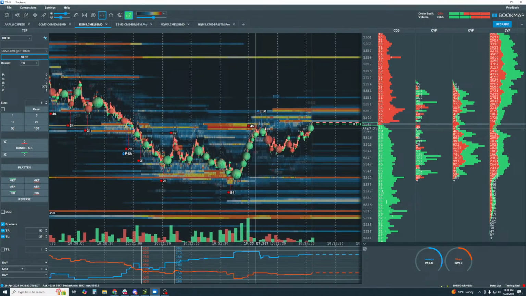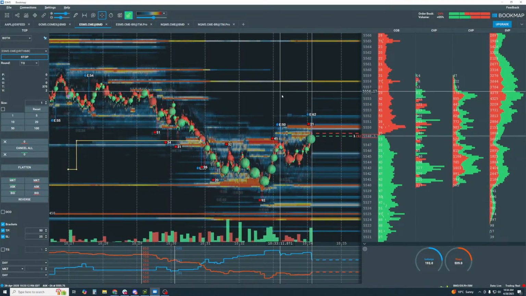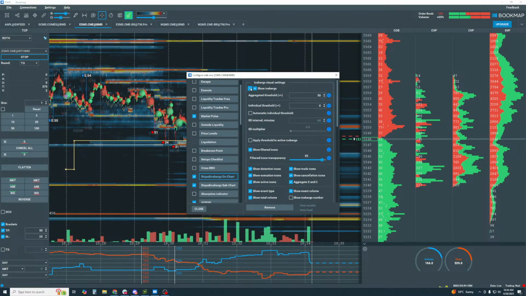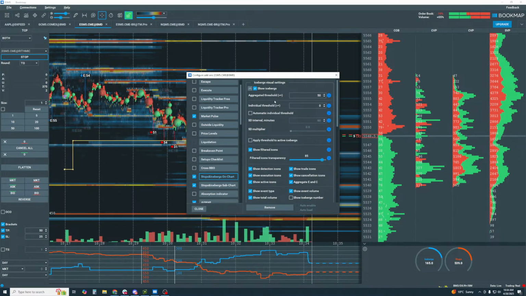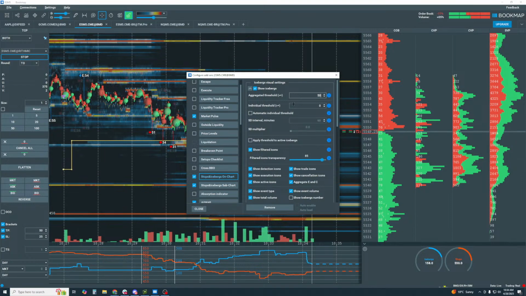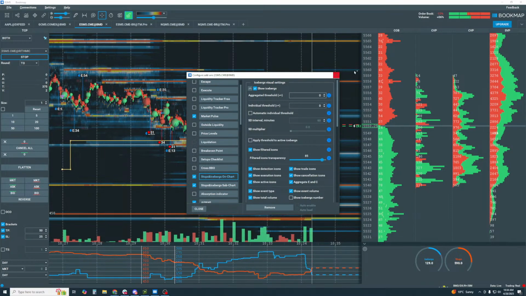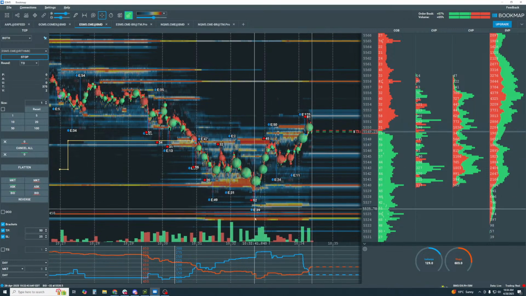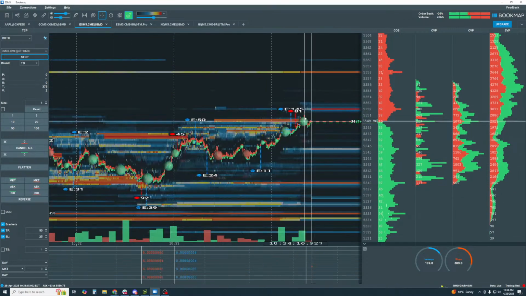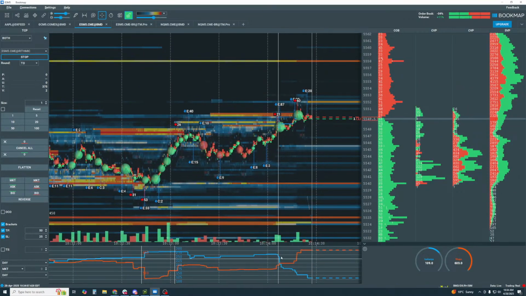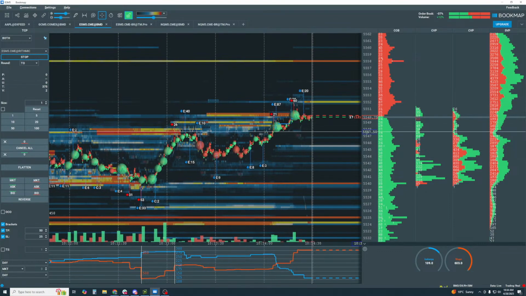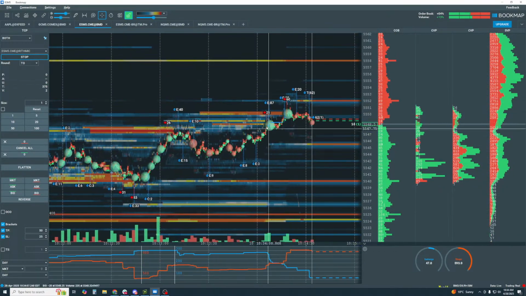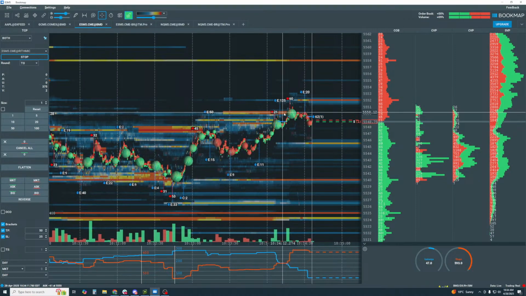That's not working quite right. Oh, it's the aggregate threshold. This is why. Okay, there we go. So these are the icebergs that we saw here. And we just saw a pretty big one up here as well, or a few: 87, 38, and 20. Into high liquidity here.